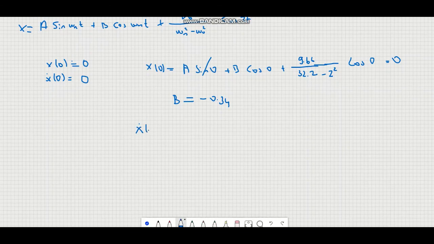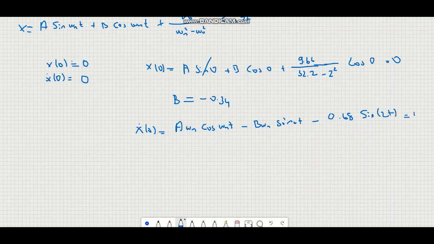X dot, the first derivative, is going to be A omega n cosine omega n t minus B omega n sine omega n t, and also minus 0.34 times 2 gives 0.68 sine 2t.